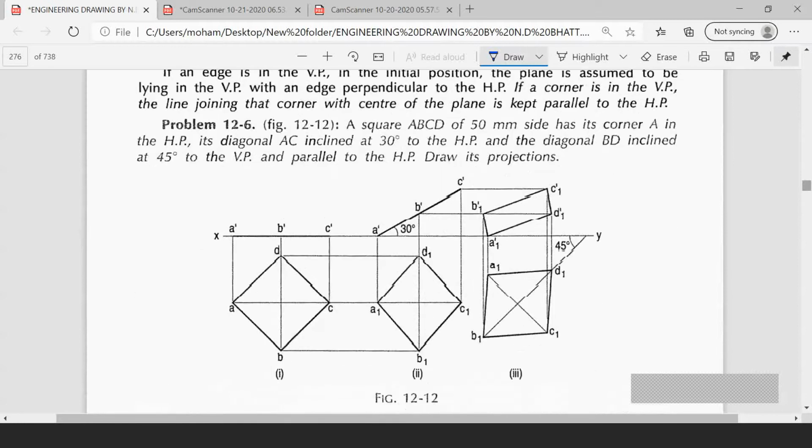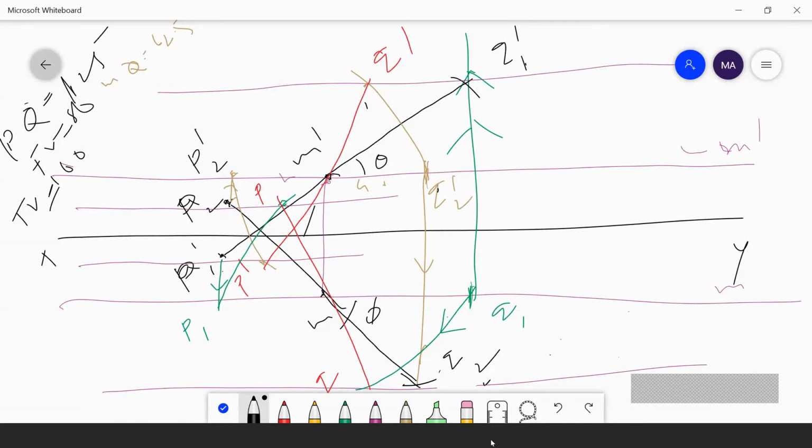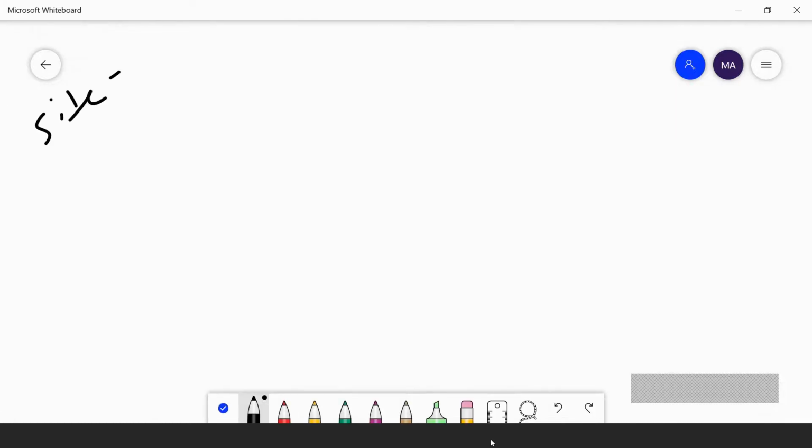Before going to the problem, you should know how to construct the plane. Here you will use the regular polygon. First you will consider a square. I am taking the side as 30 mm.